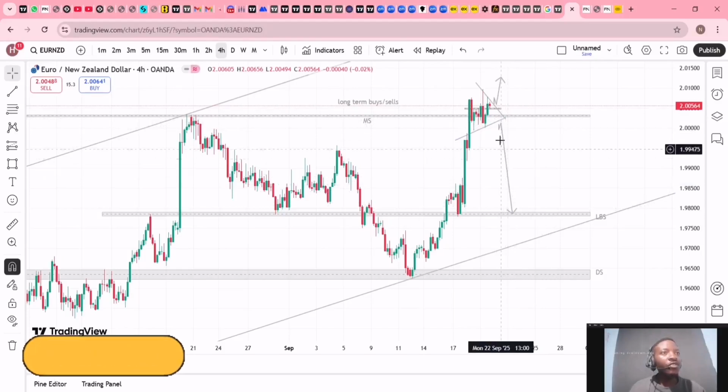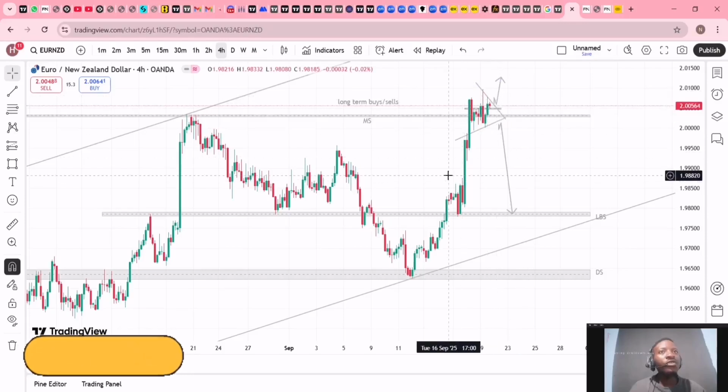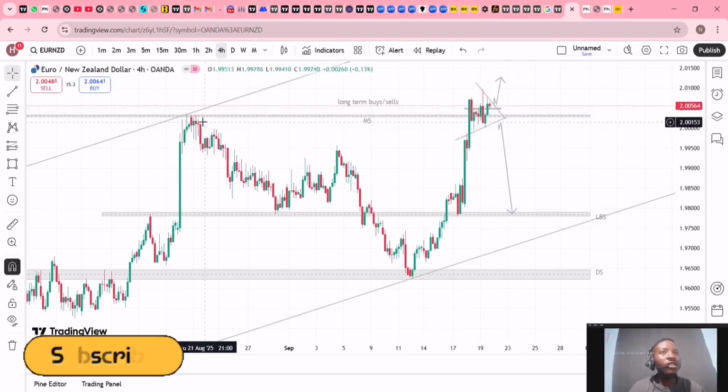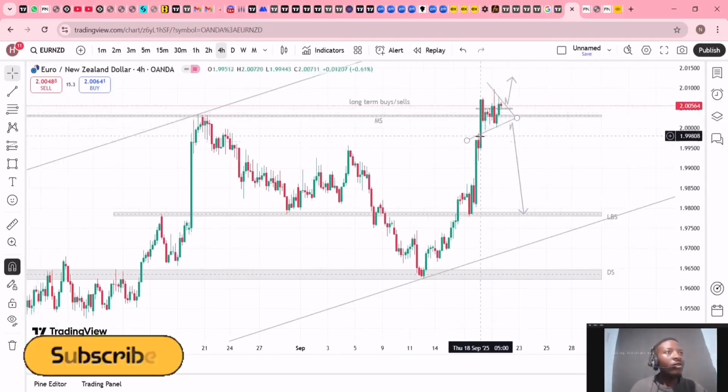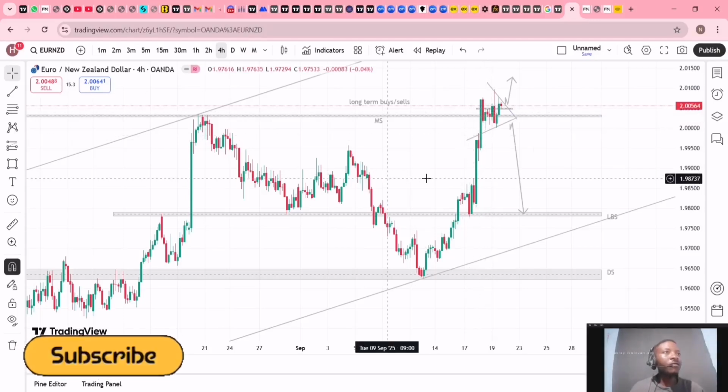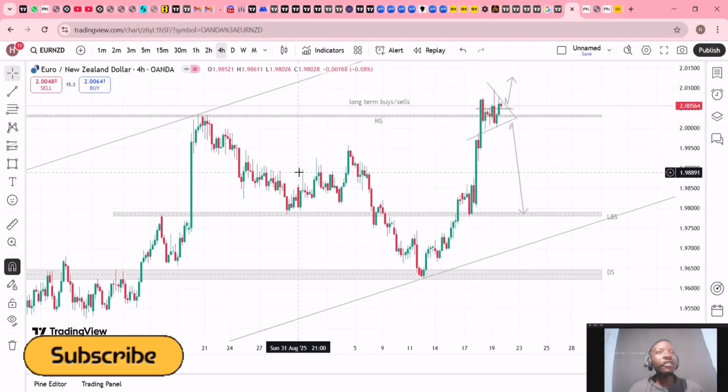So it is possible for this market to sell or buy, but right here I'm more bullish on EURUSD, depending on the structure and the chart pattern I'm seeing here. So this is it for GBPUSD, this is it for gold, this is for EURUSD, GBPCAD, EURNZD.